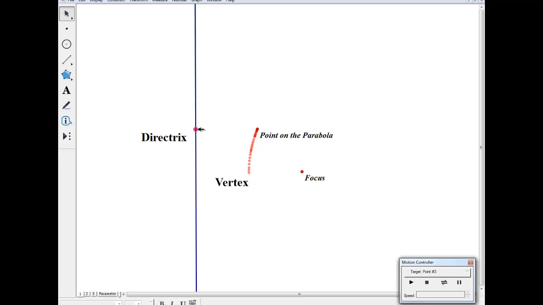So for example, if you drop a perpendicular from that point to that point, this is the distance of this point from the directrix. And then if you connect this point to the focus, that's the distance of the point from the focus. So here's the point. All of these points that we have here are exactly equal in distance from the directrix as they are from the focus.